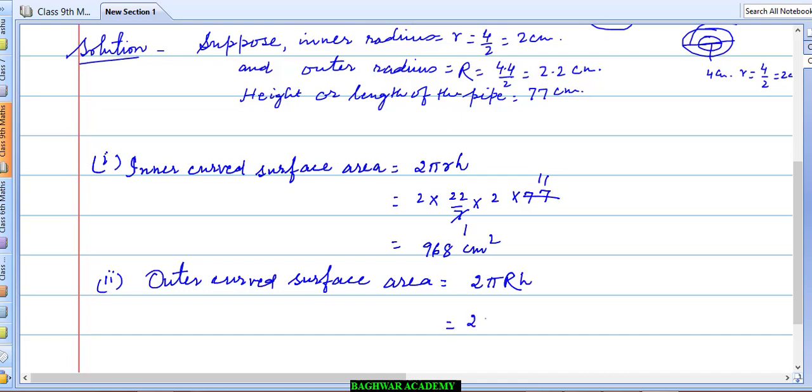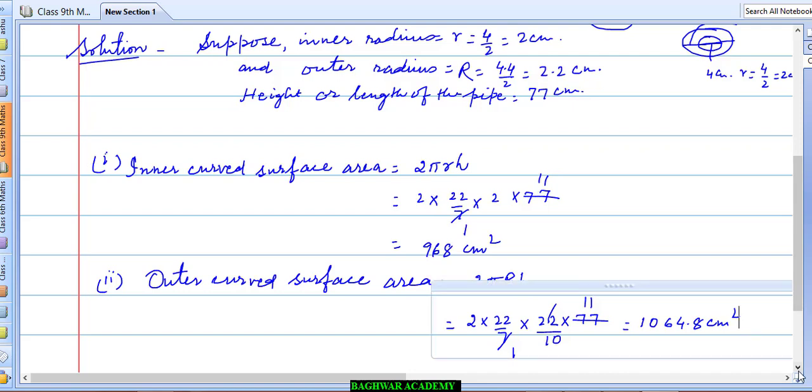So this will be 2 into 22/7 into 2.2 into 77. If you remove this decimal, you will write over here 10. Now we need to cancel this, so this will be 11. If you simplify this, you will get 1064.8 centimeters square. So this is your outer curved surface area.